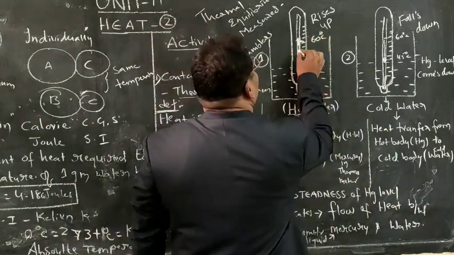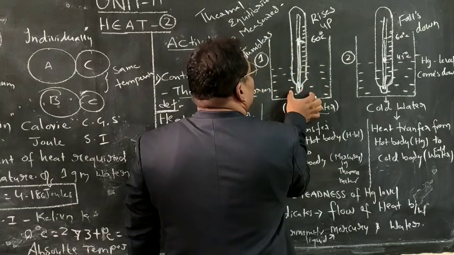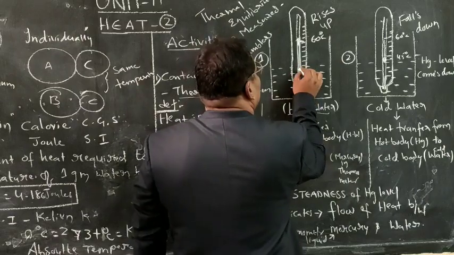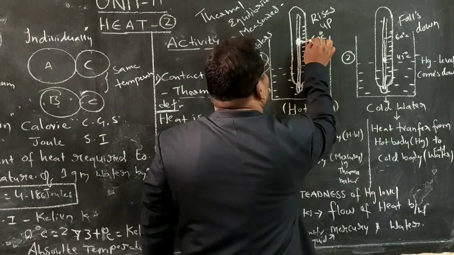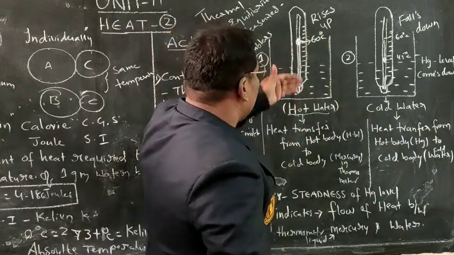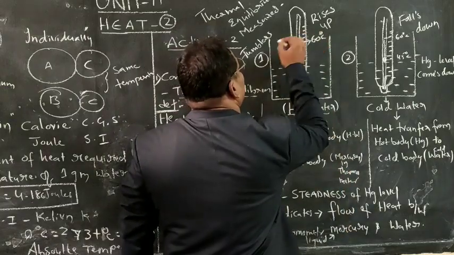We observe that liquid expands on heating. The hotness of this body is absorbed by the thermometer, so the level of mercury gradually increases. Note down that level is equal to 60 degrees. Here the rising of liquid mercury takes place within the thermometer.